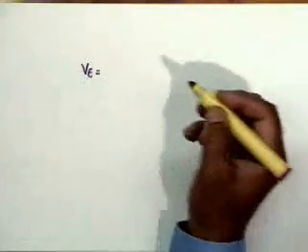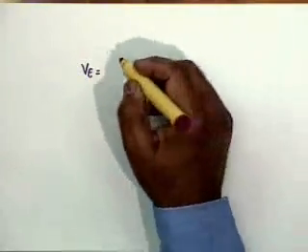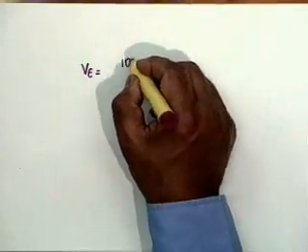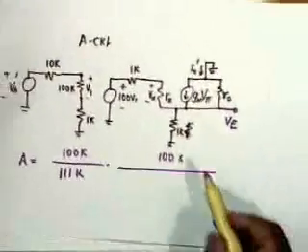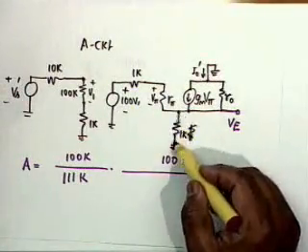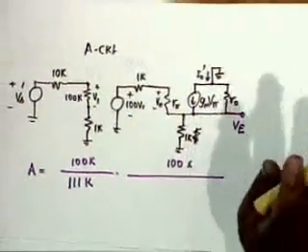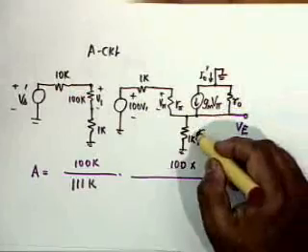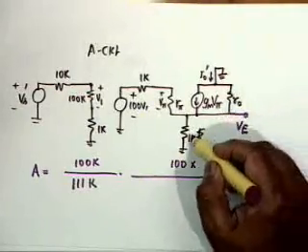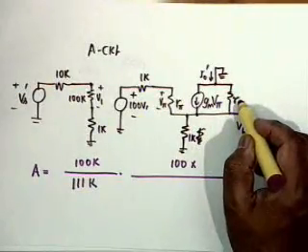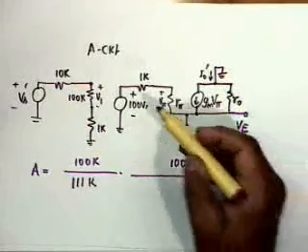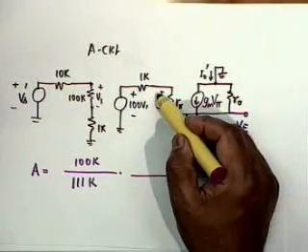But if you look at this circuit, VE is 1K parallel R0 and the current that flows through is beta plus 1 times whatever current flows here.